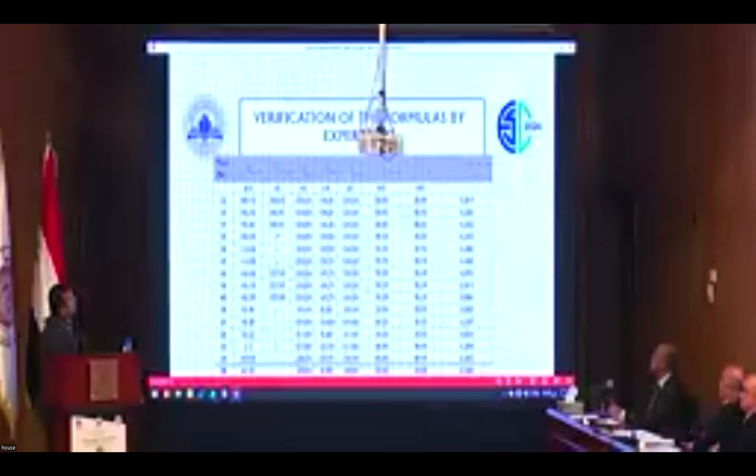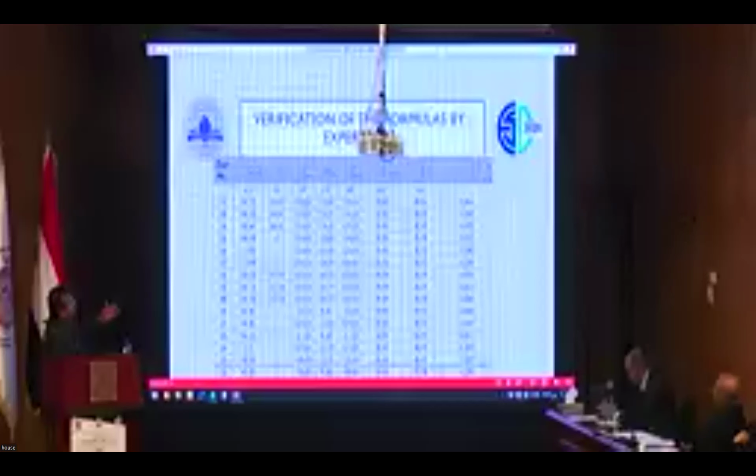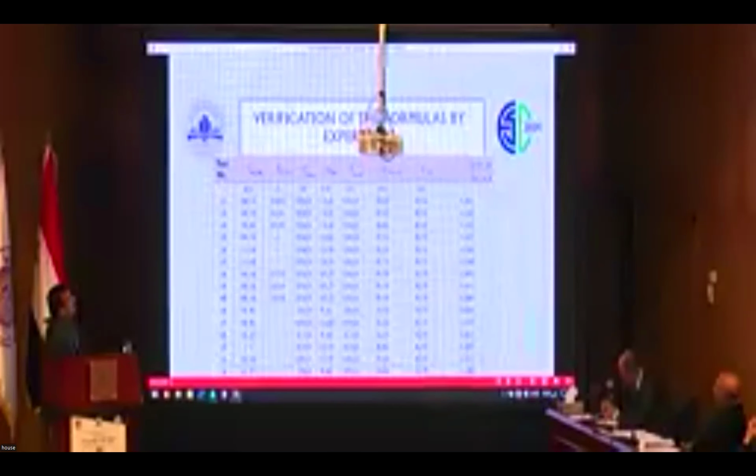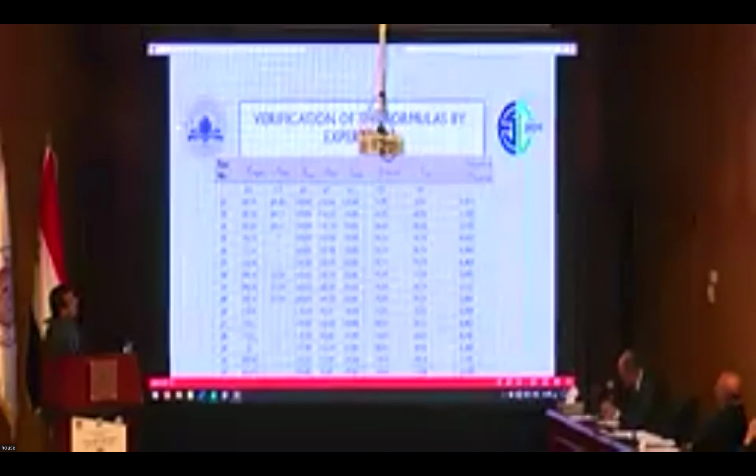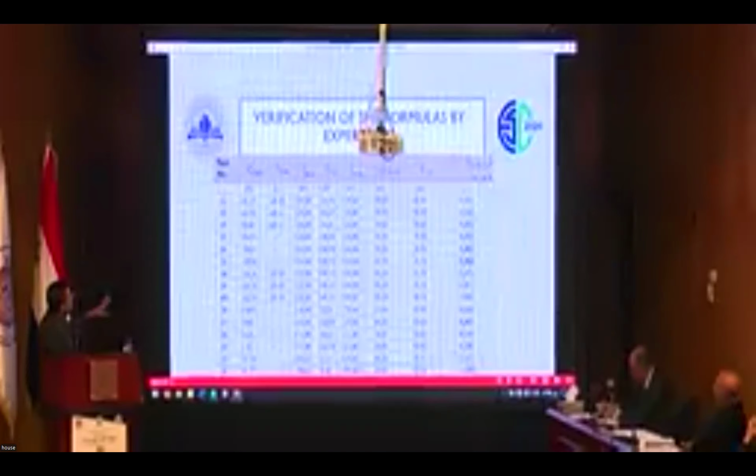This is the result which we gained from experiment, the first column. The result comes from the laboratory, and the other columns are the results that we calculate from the formula. Now we want to compare how this formula works with reality, what the level of safety is, and how we can set the partial safety factors.